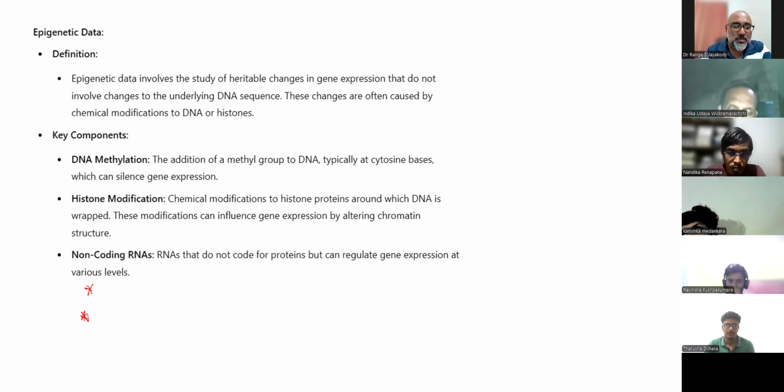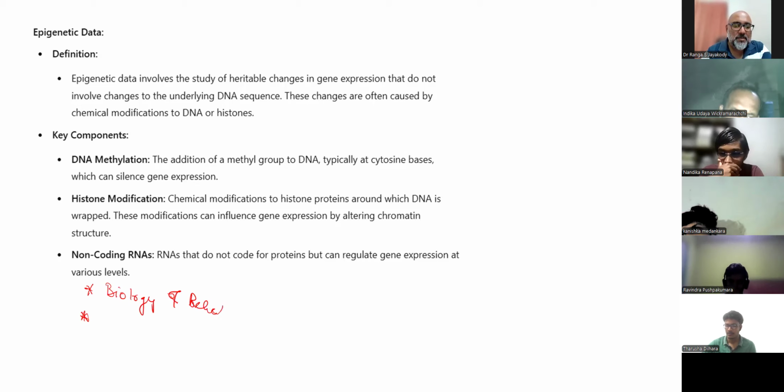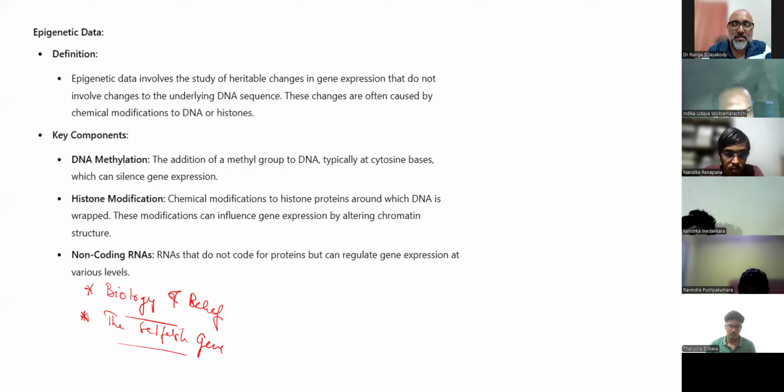The first one is The Biology of Belief. The second one is The Selfish Gene. Two books. The Biology of Belief is written by Bruce Lipton, who was one of the main scientists involved in the cloning project.